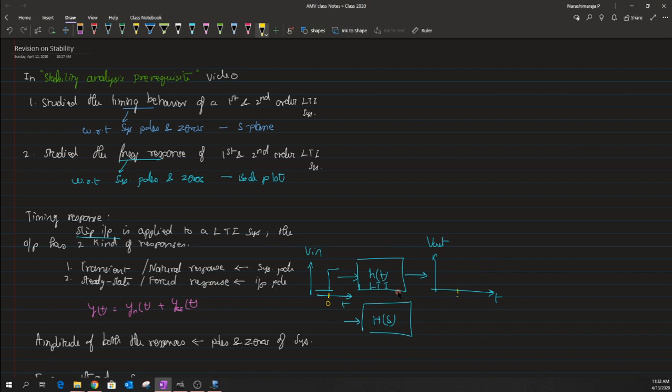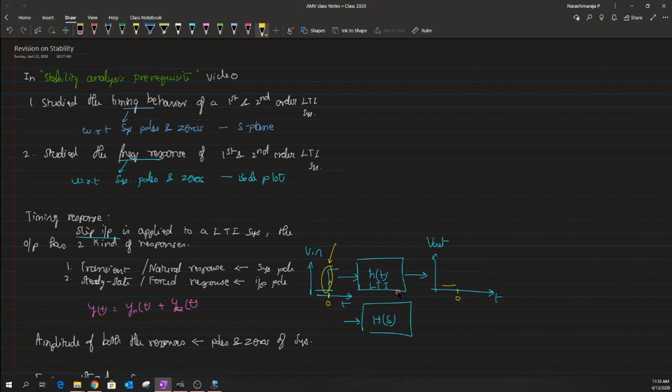So with the same 0 point, I will have an output which will be initially 0, and then the moment it sees the step input, this particular step input has an infinite frequency range in it. Okay, a single step, when you make a Fourier transform of this single step input, you will find all the frequency components. So basically it's a signal with infinite frequency range contained in it.